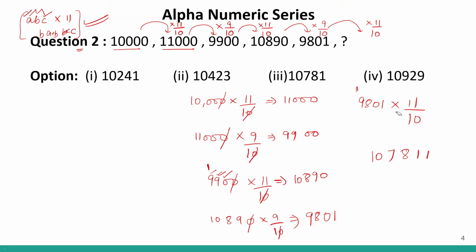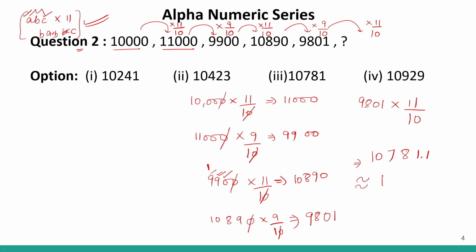Now this was divisible by 10. So this will be divisible by 10 also. So if it is divisible by 10, we will place a point over here. Correct? So this will be 10781.1.